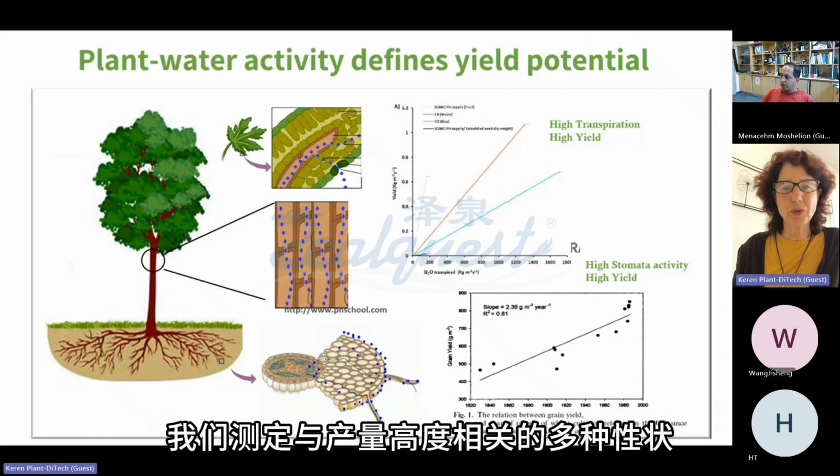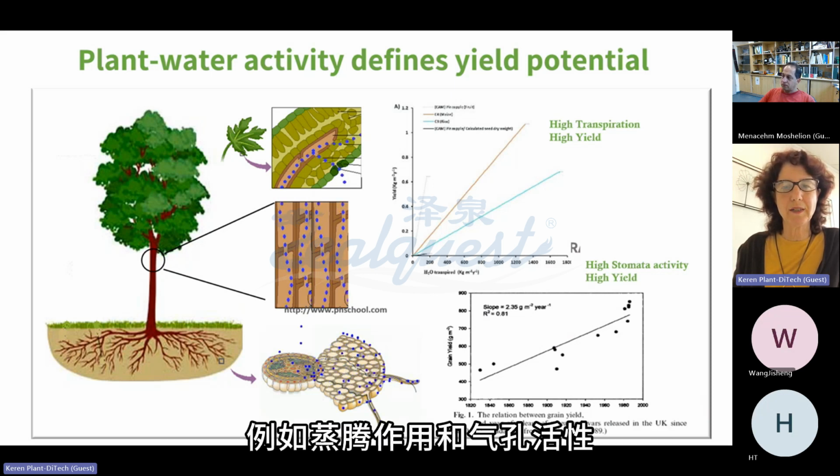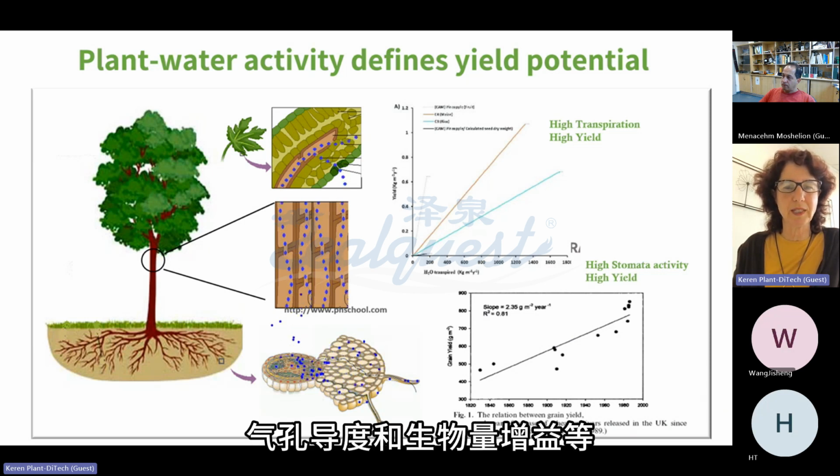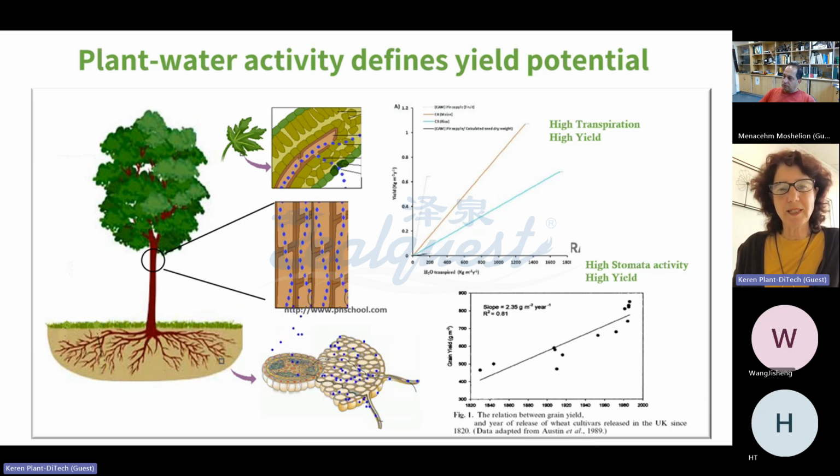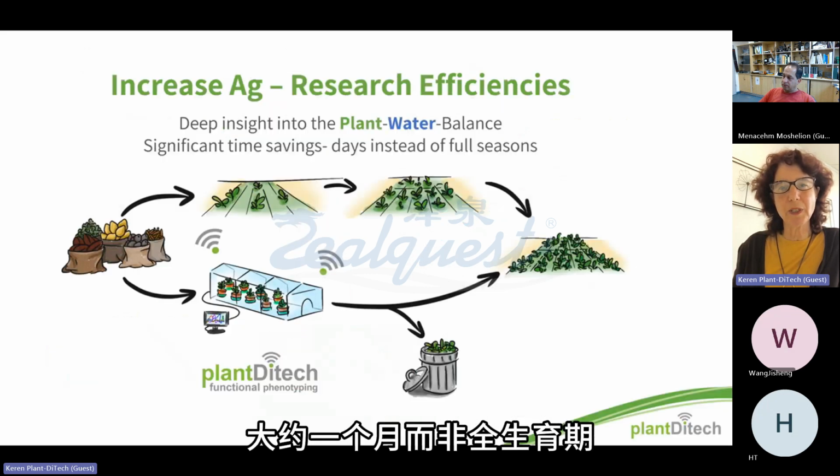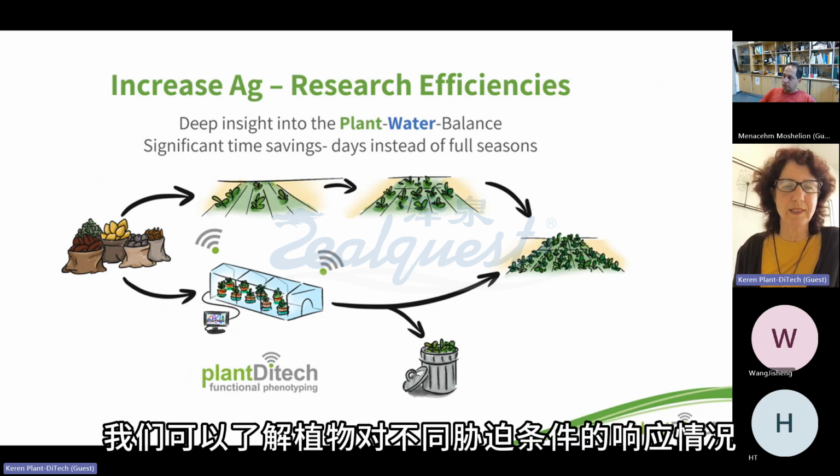We measure different traits that correlate highly to yield, for example transpiration and stomata activity, stomatal conductance, biomass gain. With the help of those, we can assess very quickly, within 1 month more or less, instead of full seasons, the plant response to different stresses.